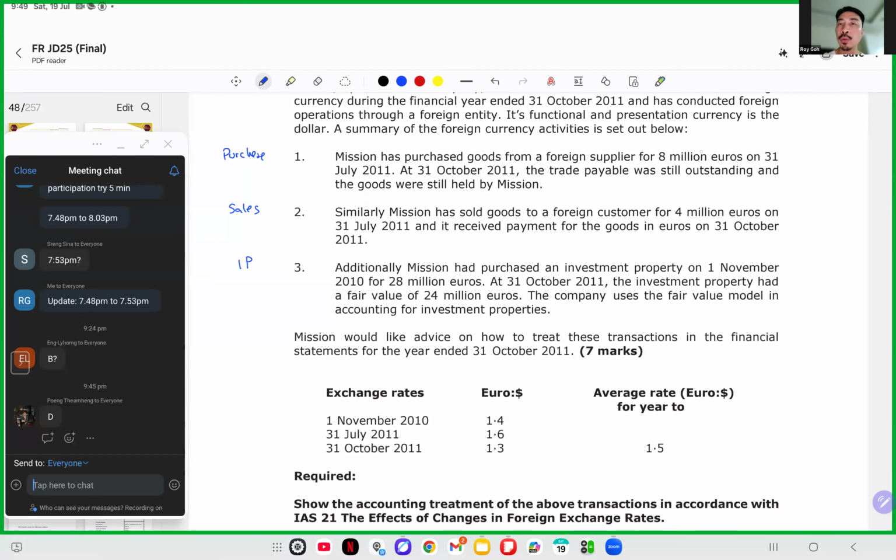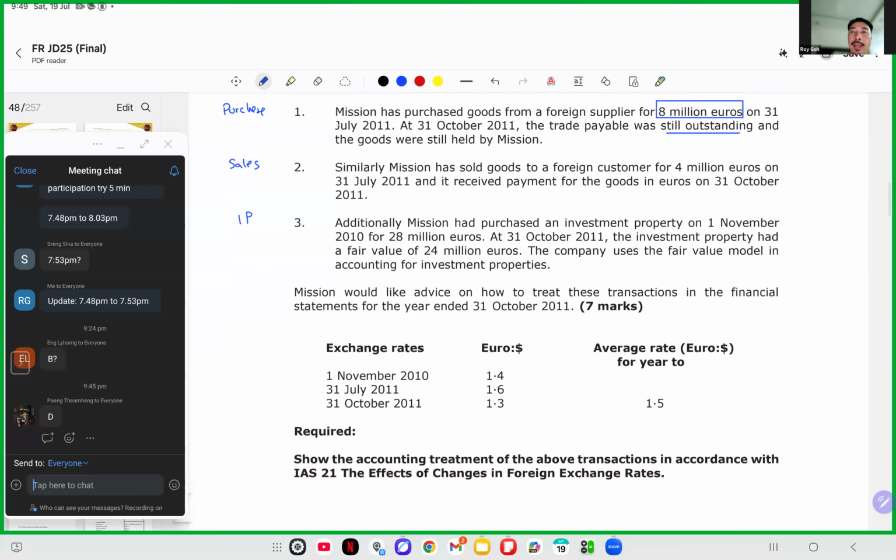You buy at 8 million euro and you are reporting in dollars. So this is a foreign purchase. It is still outstanding, which means it's not yet settled. You buy in July, you still owe at October.